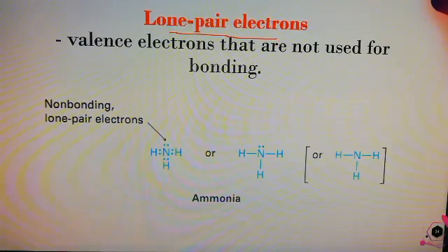So, the nitrogen atom in ammonia, for instance, shares 6 valence electrons in 3 covalent bonds. Tatlo lang naman yung ginawa niyang covalent bonds. And has its remaining 2 valence electrons in a non-bonding lone pair.